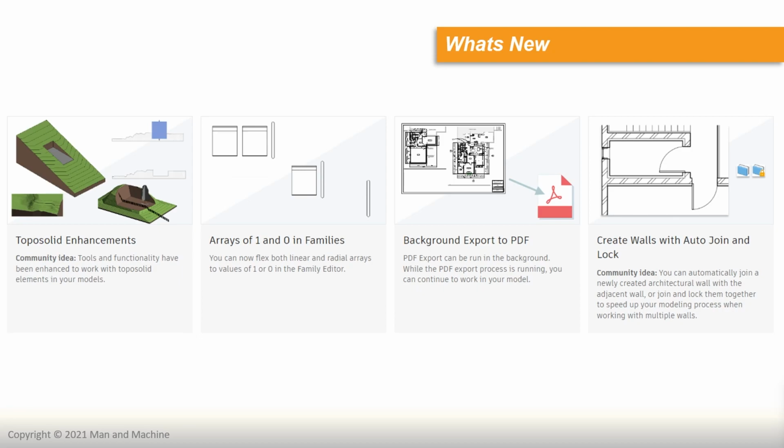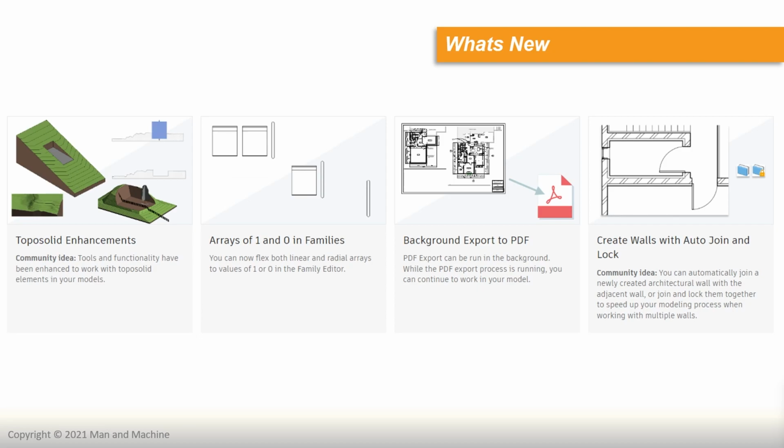Also on the front of family creation, arrays will now allow us to have a value of 1 and 0. I think this is quite a big feature to have. Family editing usually doesn't get a lot of new functionality, but with arrays, it's always been a bit of an issue that you have to have an array of at least 2 or more in a family, and you couldn't have a single object, for example.